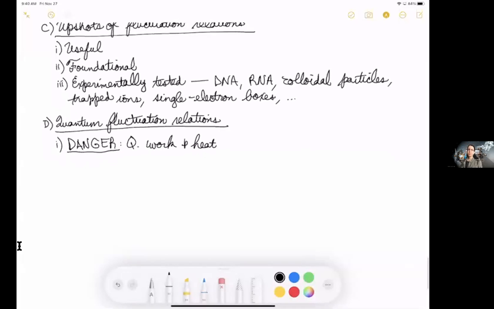The system of interest is exchanging heat with a bath, and its Hamiltonian is changing. So we face the crisis that we discussed in an earlier lecture.